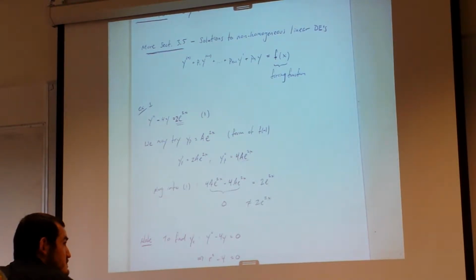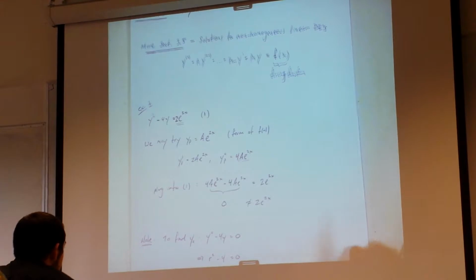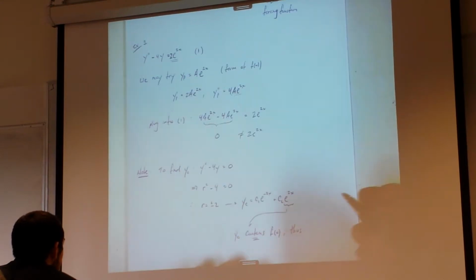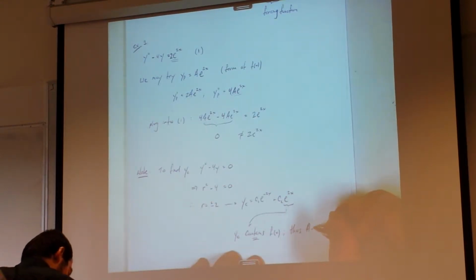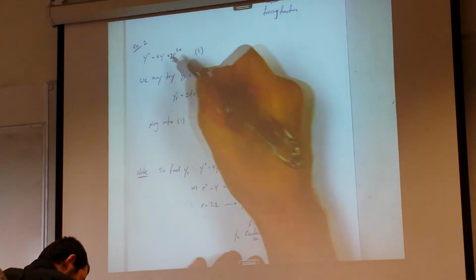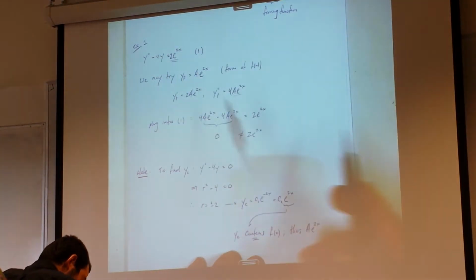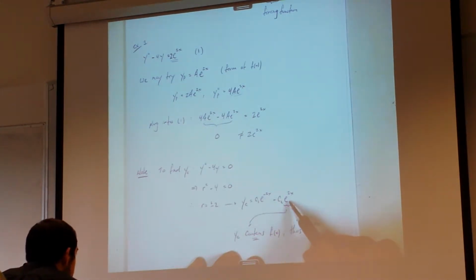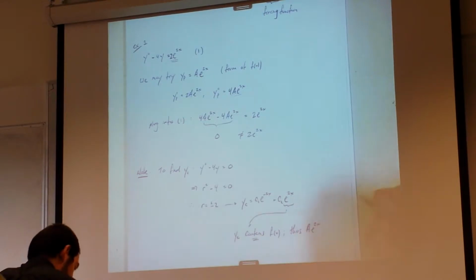It will go to 0 every time. So, thus, our choice, a e to the 2x, cannot be of the form of the solution because it will go to 0. It's included in the complementary function, which means it's a solution to the homogeneous equation.